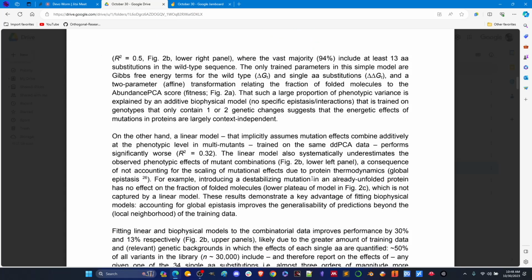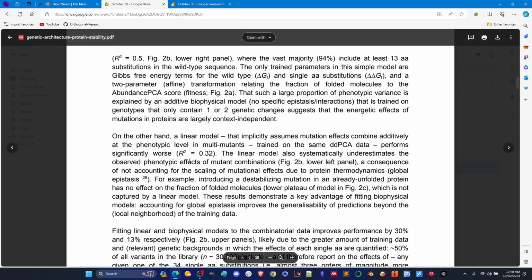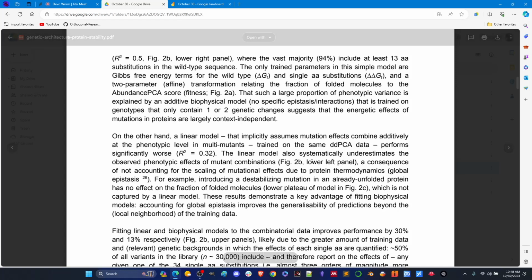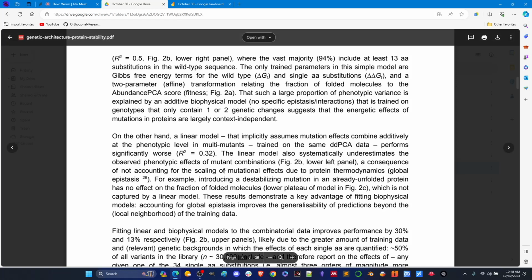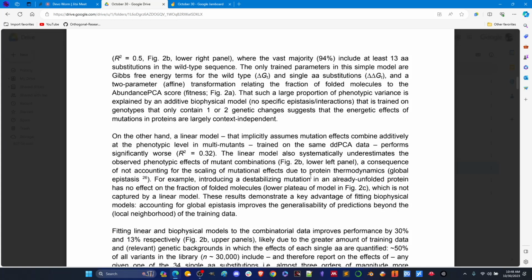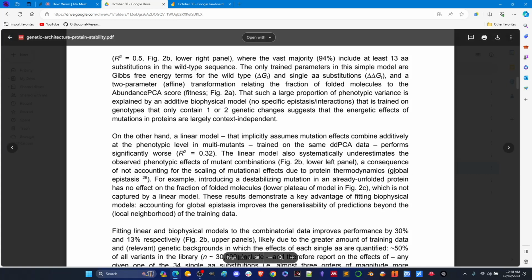On the other hand, a linear model that implicitly assumes mutation effects combine additively at the phenotypic level of multimutants, trained on the same ddPCA data, performs significantly worse. The linear model also systematically underestimates the observed phenotypic effects of mutant combinations, a consequence of not accounting for the scaling of mutational effects due to protein thermodynamics, or global epistasis.